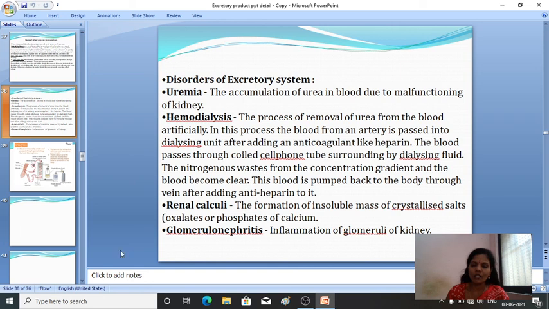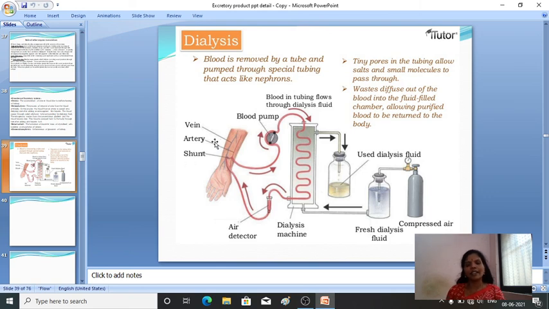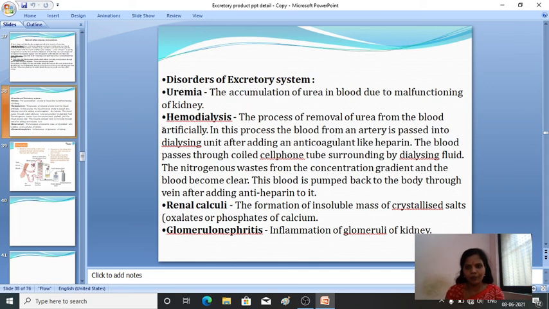So hemodialysis, just once again I will say, just listen. What is hemodialysis? Hemodialysis is nothing but a process of removal of urea from the blood. So if there is excess urea inside the blood, then that urea will be removed from the blood. In this process the blood from the artery is passed into the dialyzing unit by adding an anticoagulant like heparin.